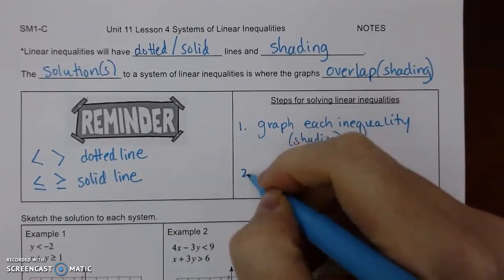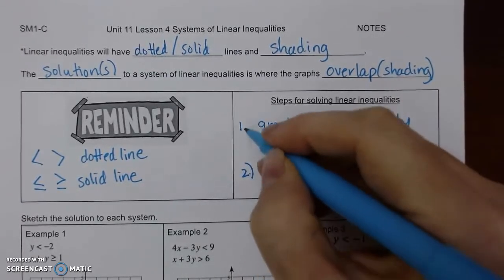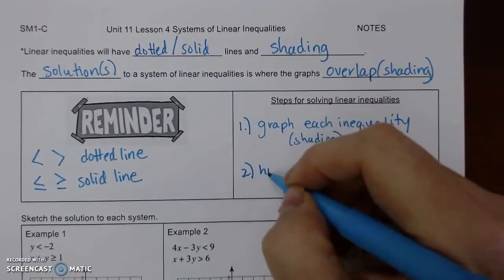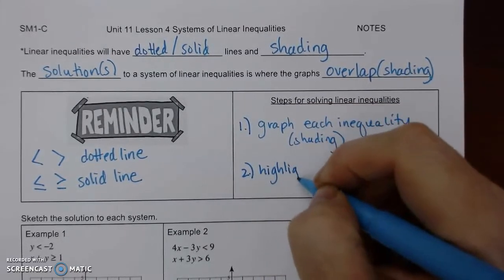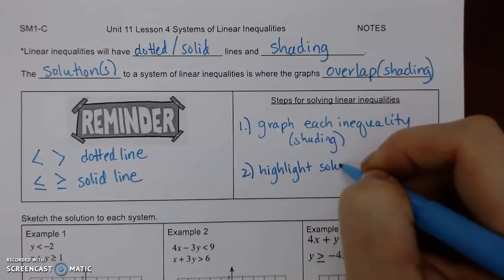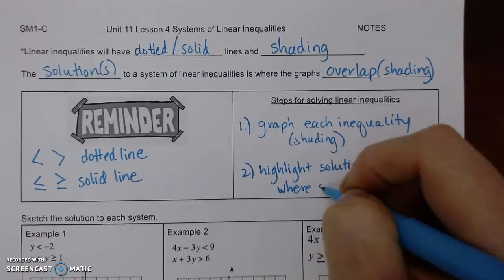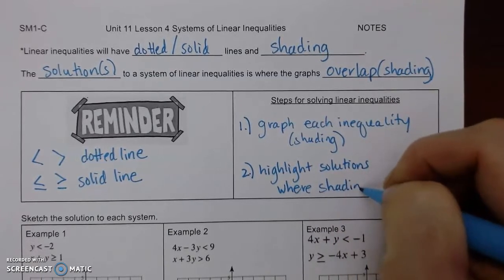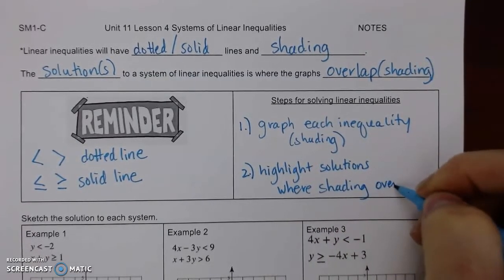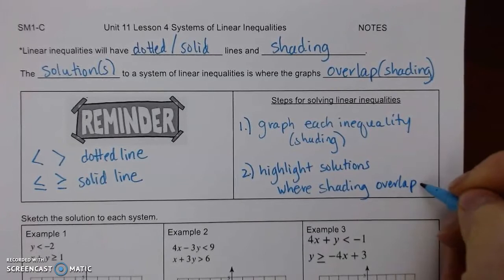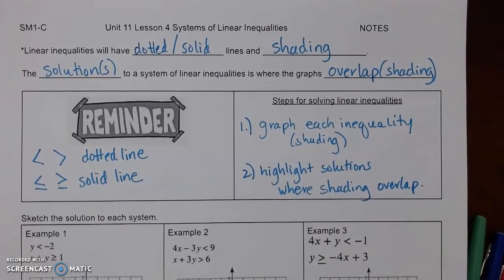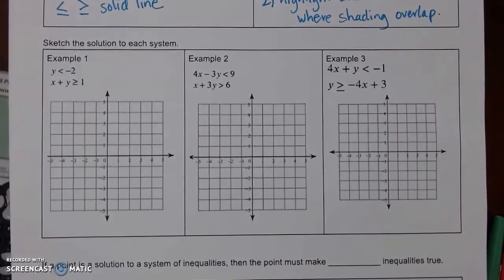And 2, if it's not obvious, highlight all of your solutions where the shading overlaps. If you can see it in your head, that's fine, but it's good to have the work.